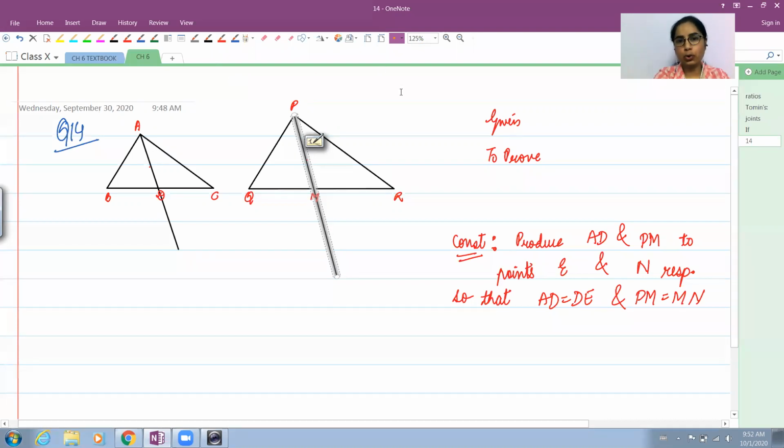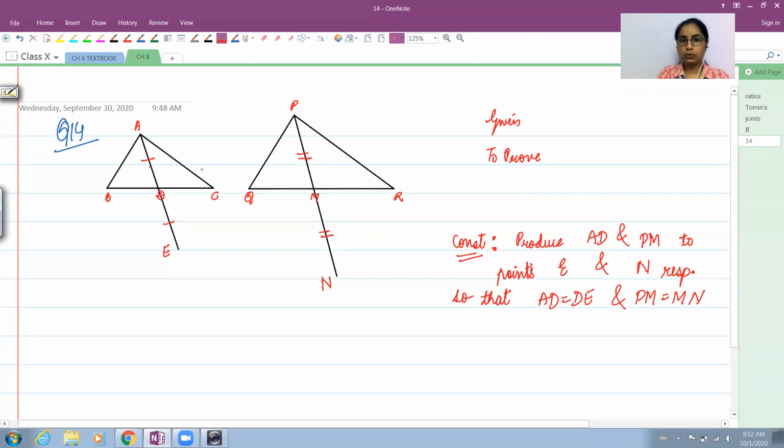After that, you want to join the extended part with the vertex on the other side. So if I have extended AD to E, AD is equal to DE. I have extended PM up to point N. The extended part is equal to the length of the median.